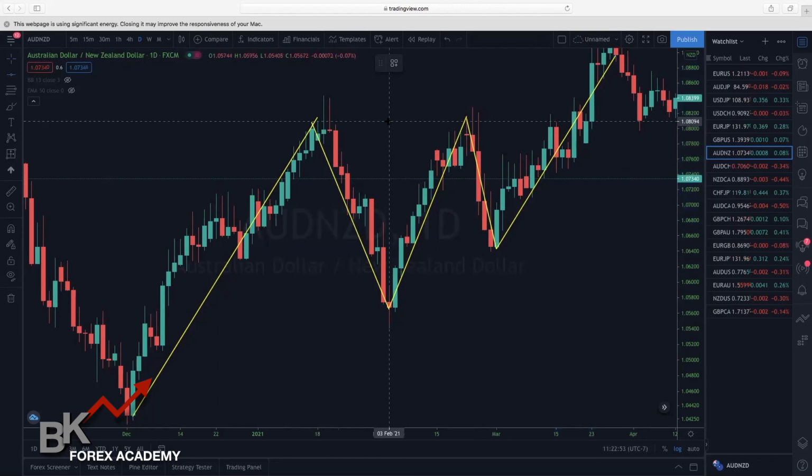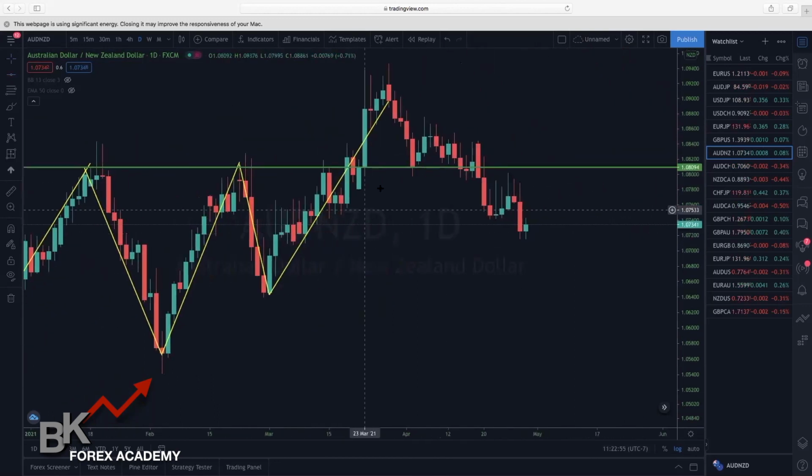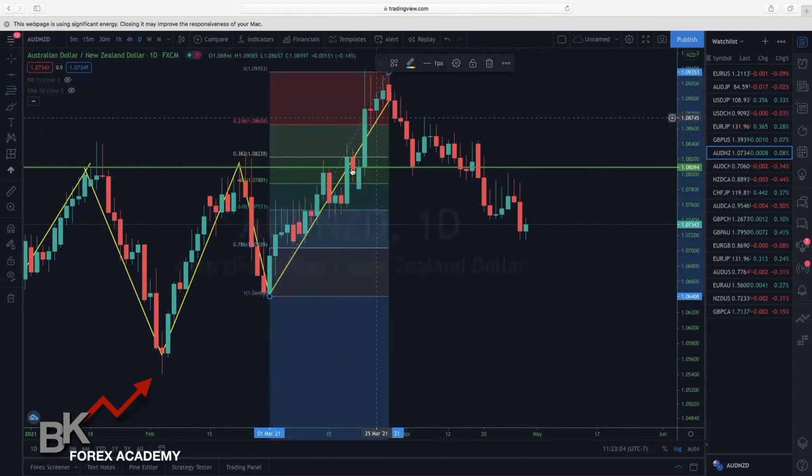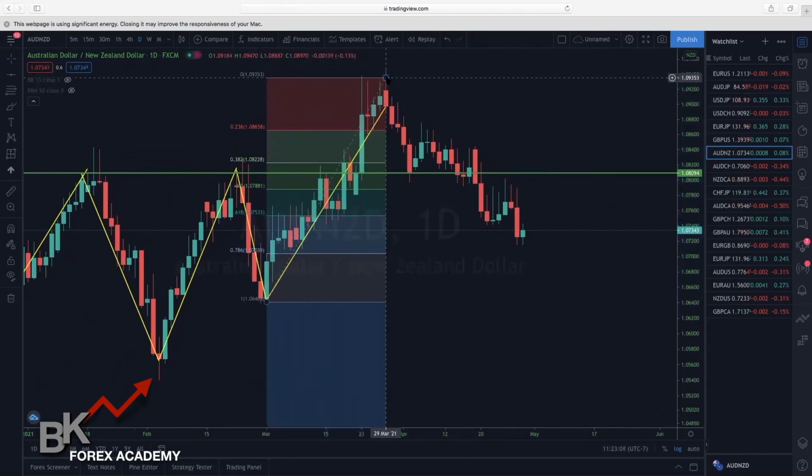So I'm going to draw a line so it's easily identifiable for you. All right. And then what we'll do is grab our fib tool from the bottom here to the top. And then we will take profit. We will do a sell limit right here at the top, all the way to either the 38% or the 51% in our green level. And we can see it even came down and broke it. So that's kind of an example of how to use our Fibonacci tool and take profit.